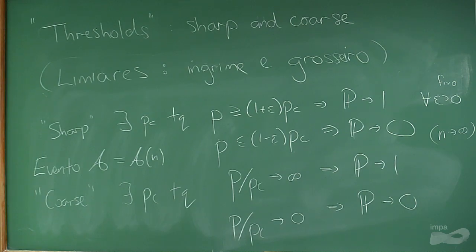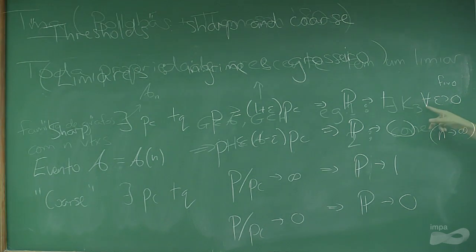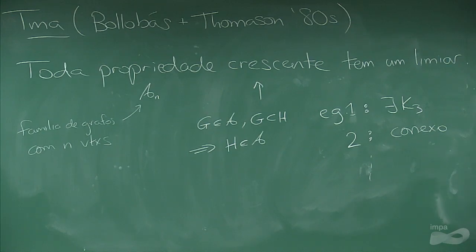An example of a property that does not have a sharp threshold is this one. We'll prove that next week or the week after, maybe even this week. Anyway, we'll prove that the property that there's a triangle has a coarse threshold and not a sharp threshold. But having a threshold is a much more basic thing.